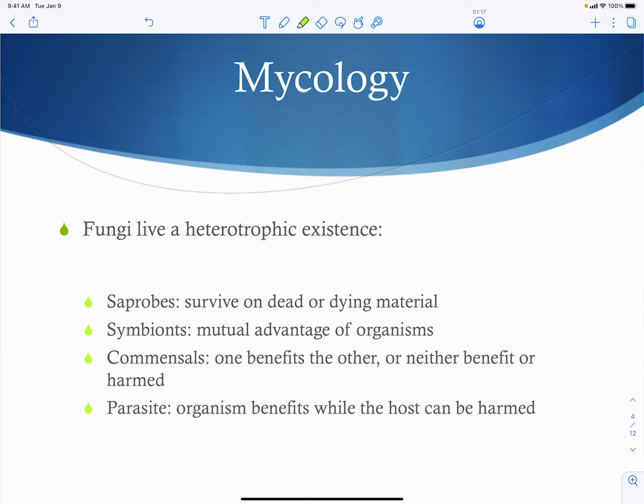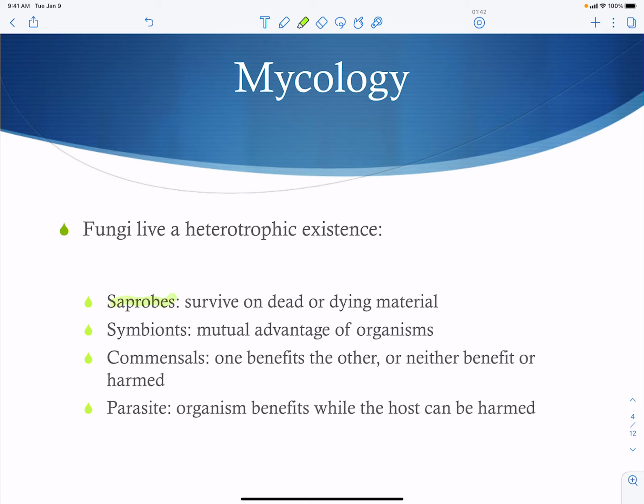So fungi are considered heterotrophic. They can be saprobes, which are going to survive on dead and dying material. They can also be symbiotic. So this is more in nature with respect to plants. So they can have a mutual advantage of living on an organism. They can have commensals.